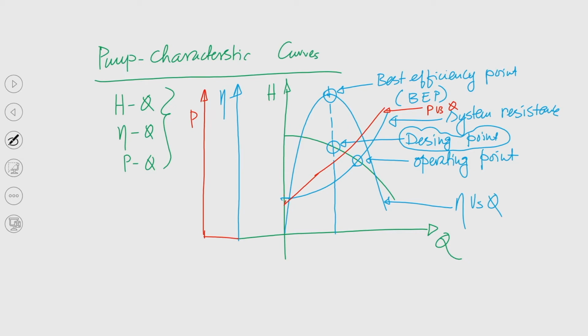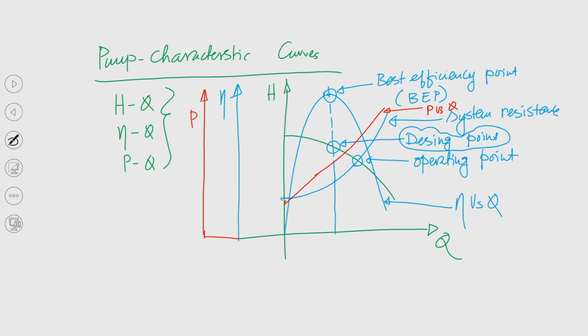Now, the vertical line which is passing through the best efficiency point again intersects this H-Q curve over here, and that is known as the design point. You can understand that the design point and operating point are not the same point. It would be good if they coincide, but for that the system designer should design the system more effectively.